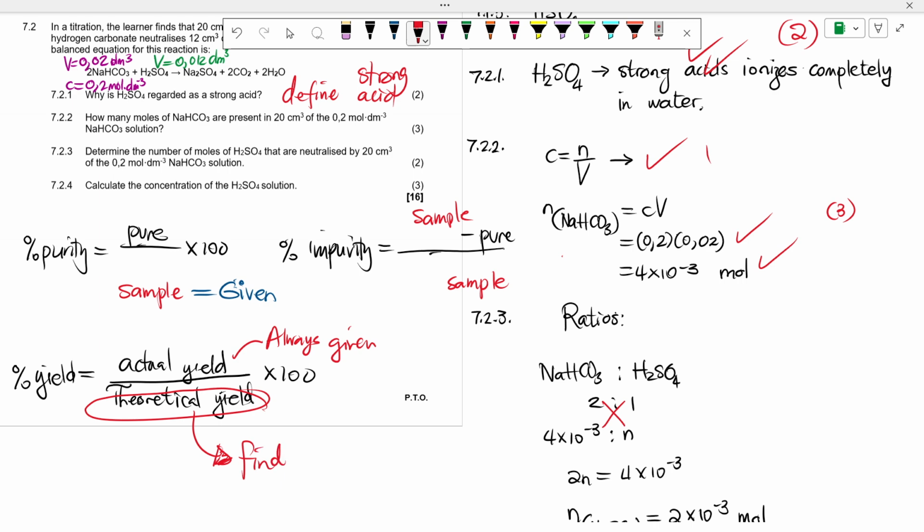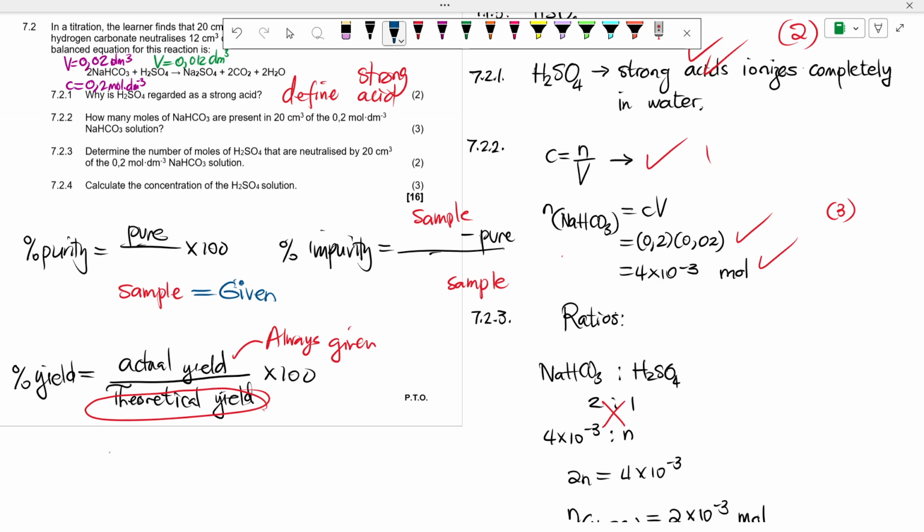There'll be something plus something is equal to whatever plus CO2, and then they say the volume of CO2 produced is 2 decimeter cubed. Then what is the percentage yield? Oh, this is percentage purity. For percentage yield, they'll say experimentally we found this much, but what is the yield? In other words, they give you a reactant and they want you to find the product using the chemistry.